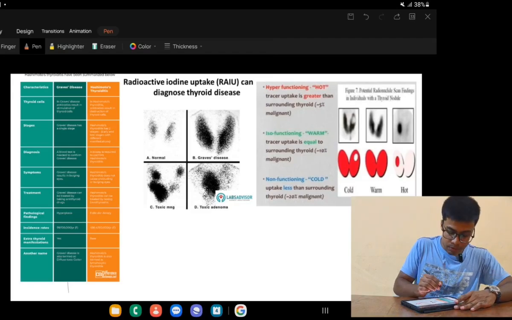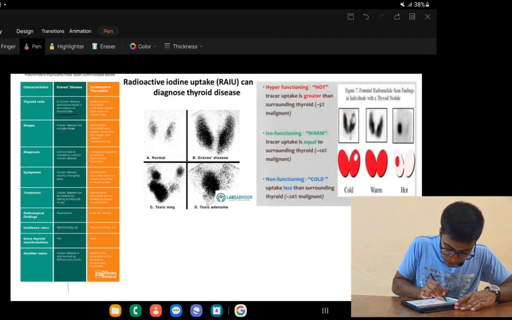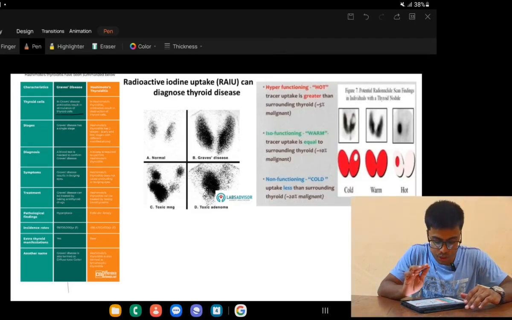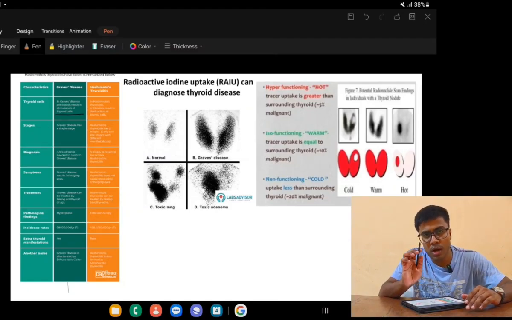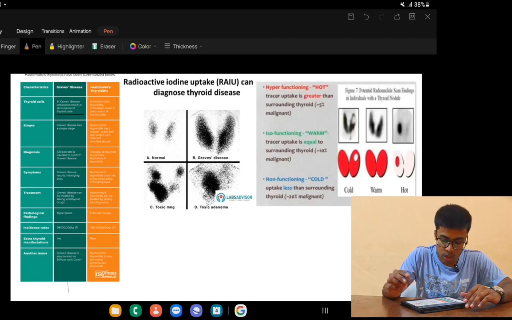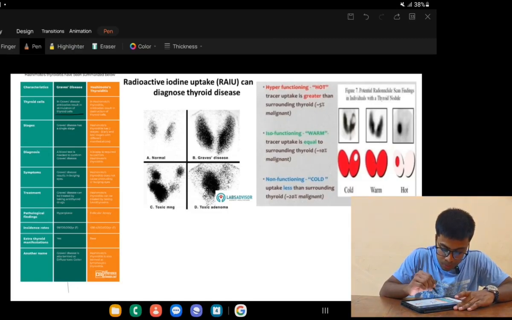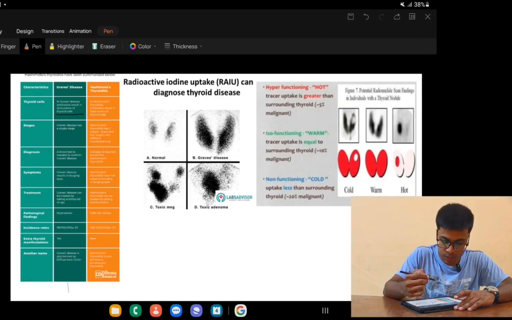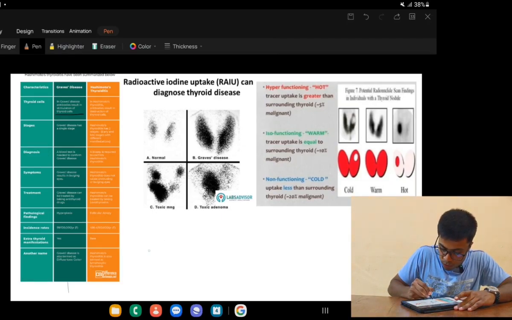What happens in Graves disease? In Graves disease, antibodies result in stimulation of thyroid cells, which is related to the goiter. In Hashimoto thyroiditis, antibodies result in destruction of thyroid cells. So in Hashimoto, first there will be destruction, which leads to thyrotoxicosis.